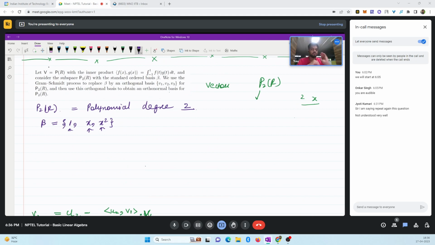So when we go to these function spaces or polynomial spaces, we have many choices of inner products. तो इन्होंने बोला है कि what inner product you should use is this inner product, that is integration from -1 to 1 of f(t) into g(t) dt.